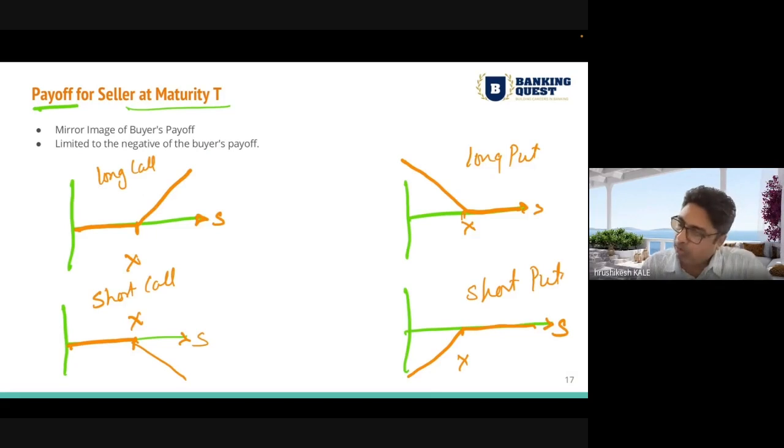Now, always remember, long call and short call, they are mirror images of each other.